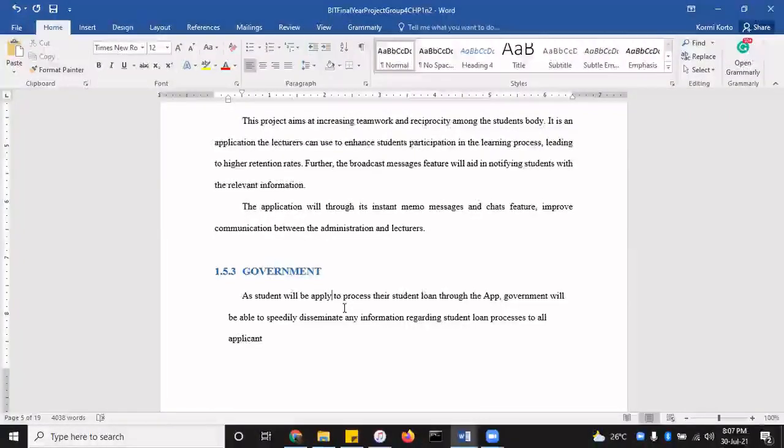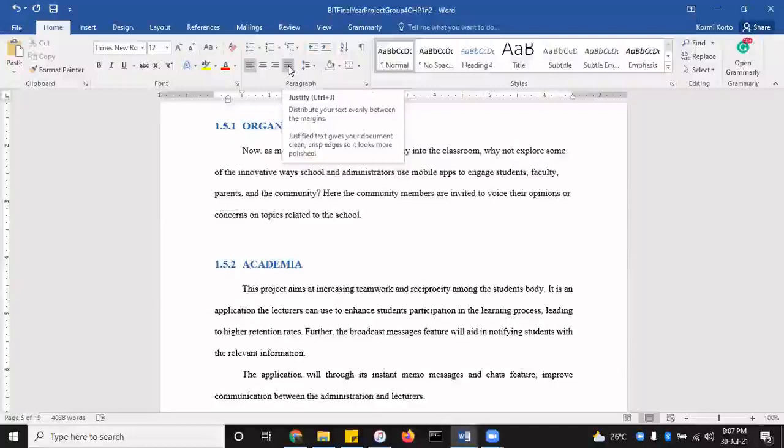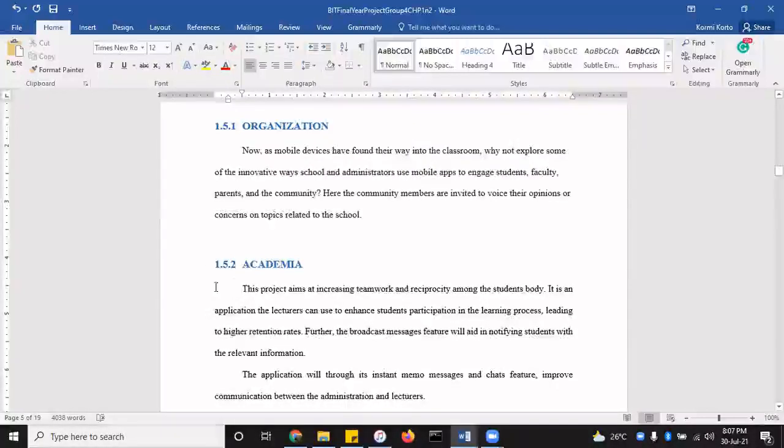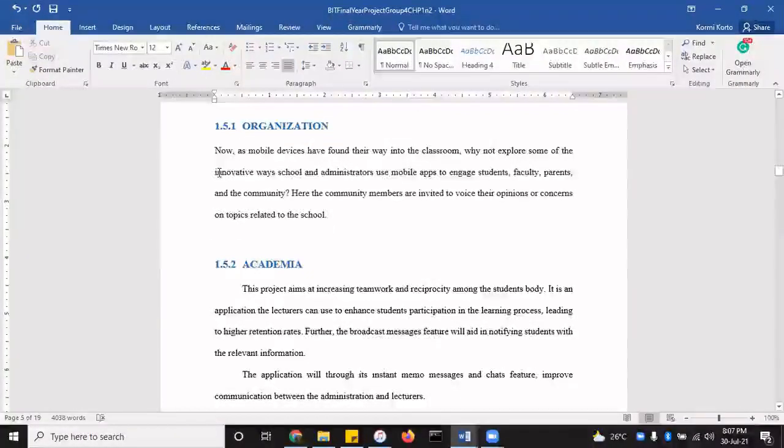Structure it nicely. I also keep saying, I prefer when documents are justified. I'm not a huge fan of the tab paragraph style that we use within Ghana write-up documentation. I prefer to justify it. So you take a tab off, justify it nicely.